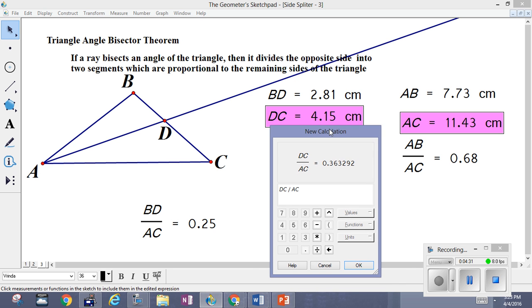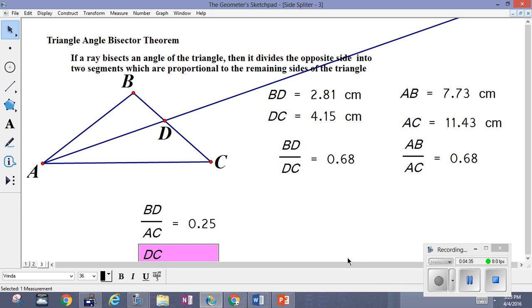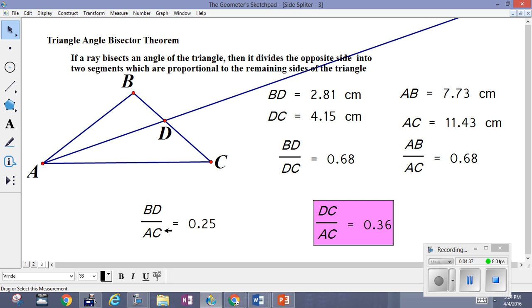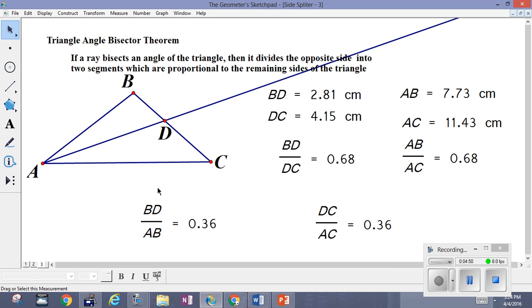That's where I made my mistake here. DC goes with AC, and I need to make that correction over here, because this should be BD to AB. So I have to correct that. That should be AB, right? It shows the wrong value. Okay, so there we have it. Now we have a consistency.